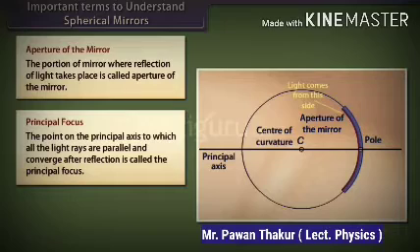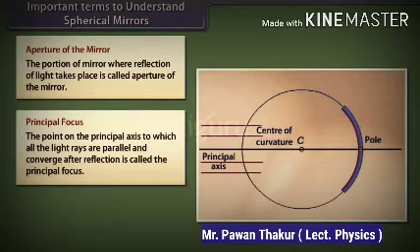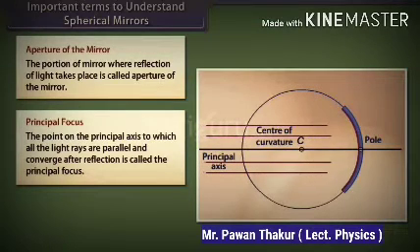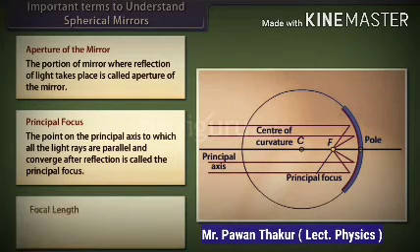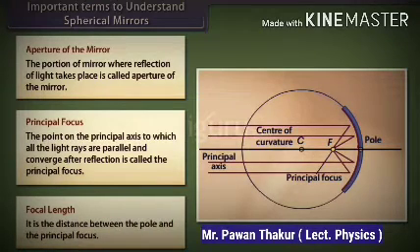Next will be the principal focus. What is the principal focus? The point on the principal axis to which all the light rays parallel to the axis converge after reflection is called the principal focus. Next will be the focal length.